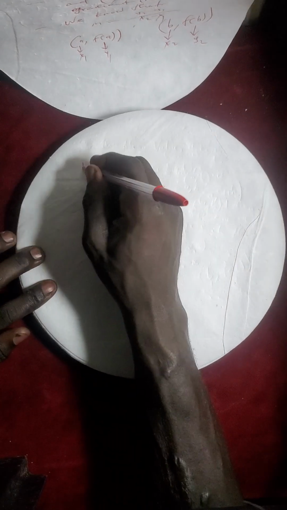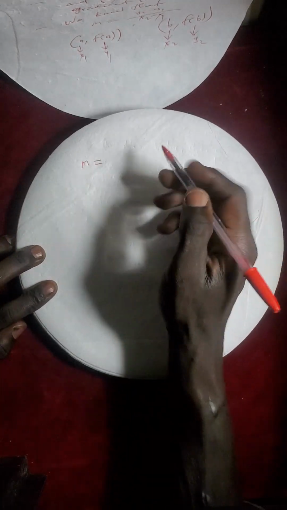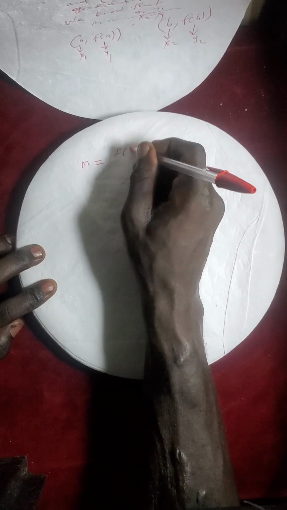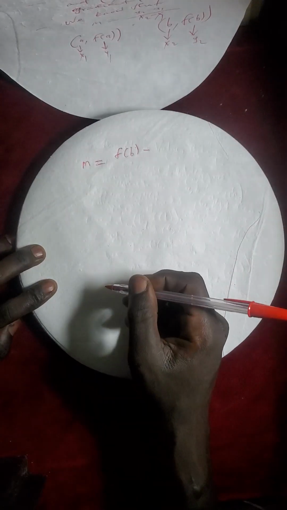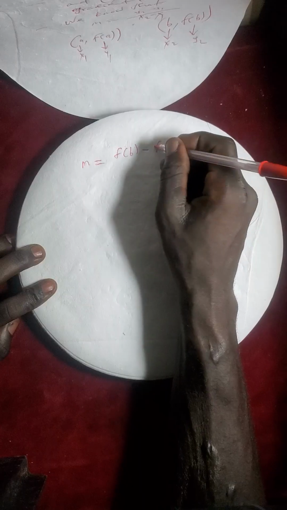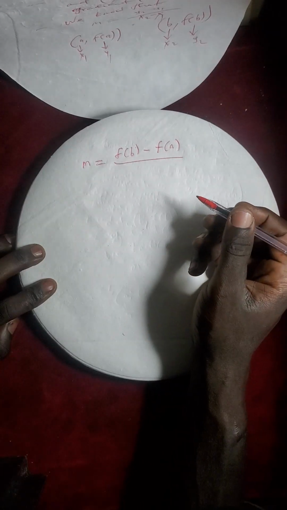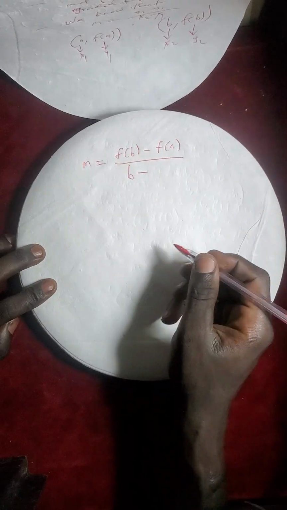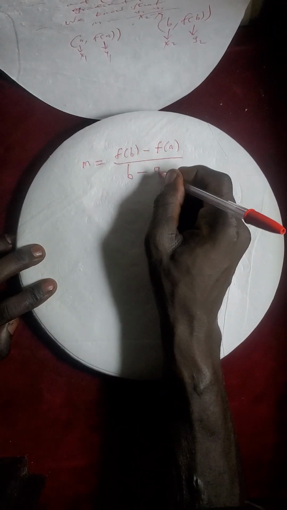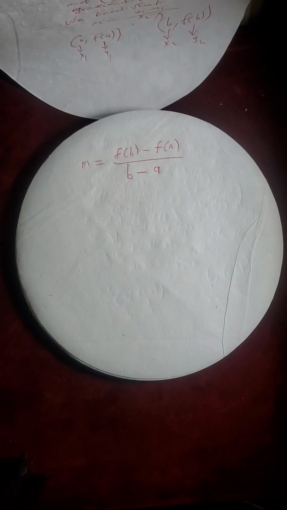Okay, let's continue from there and let's now find m. So what is m? We said y2 minus y1. Our y2 was f of b, our y1 was f of a, over x2 was b, then x1 was what? A. So that is our case.